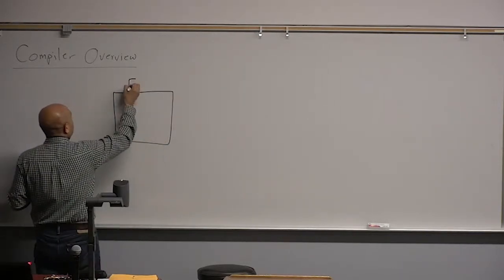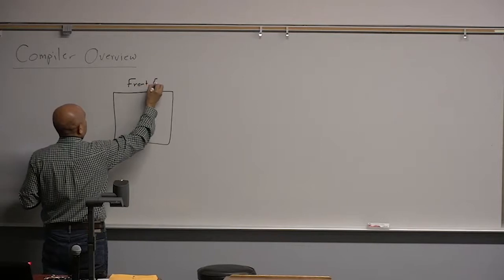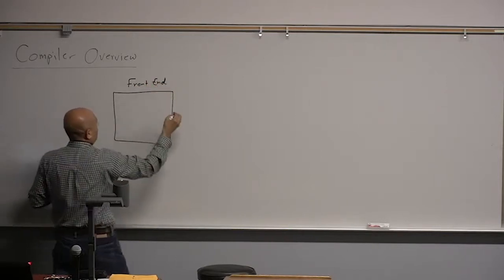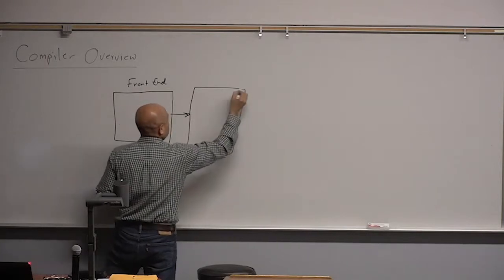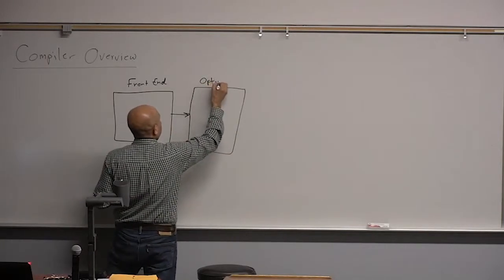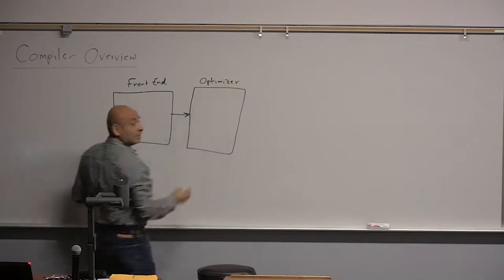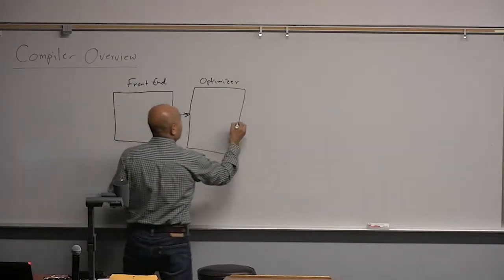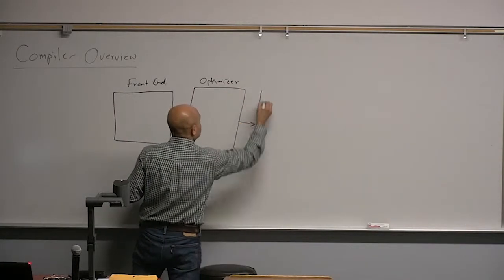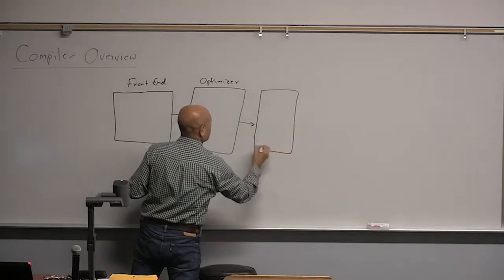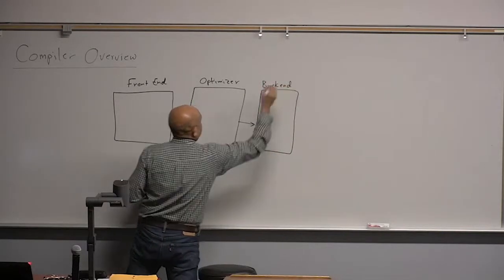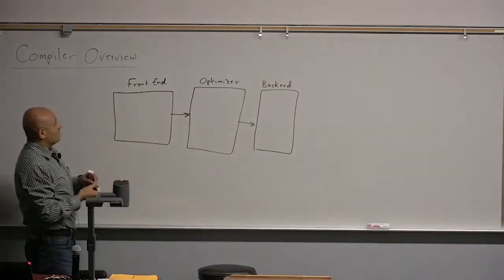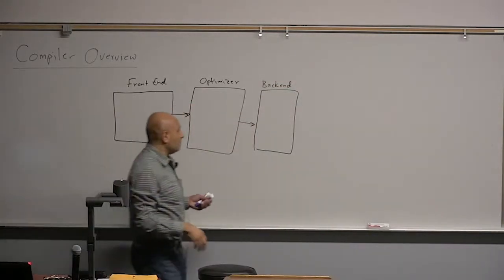So there is a front end and the optimizer, and the backend, which is, what does the backend do? It's the code generator. Yeah, exactly. Okay, so these are the 3 main parts of an optimizing compiler.